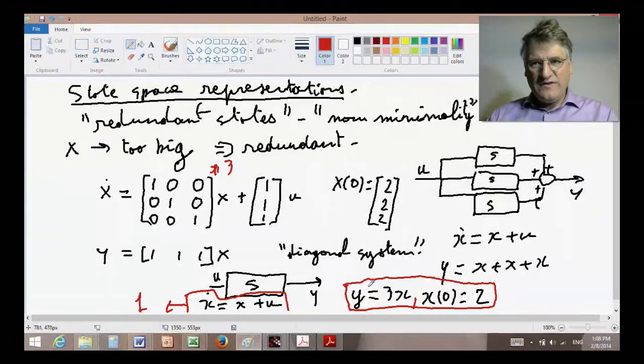Now, intuitively, we see that this system is minimal because it is very hard to simplify this system beyond a scalar differential equation, or to be more precise, a scalar first order differential equation. This is something useful to keep in mind as you go through derivations, because it is clear that manipulating this is simpler than manipulating that.